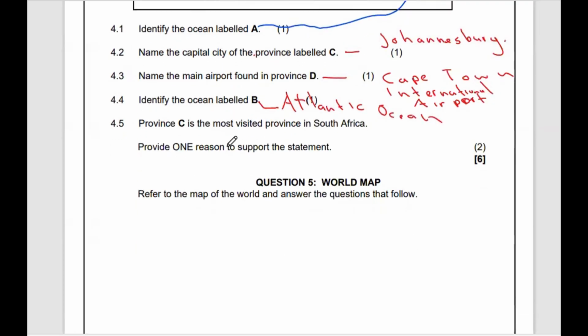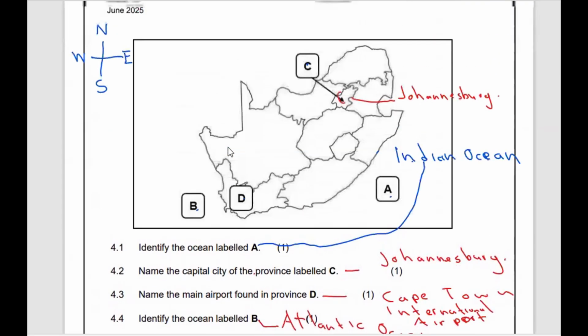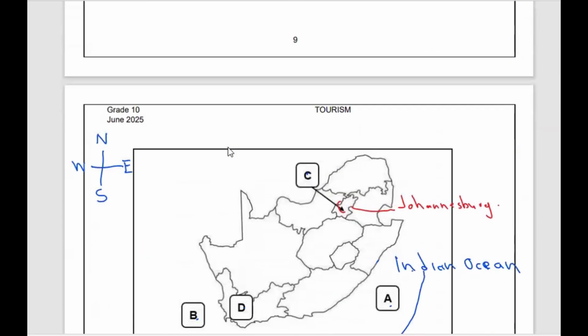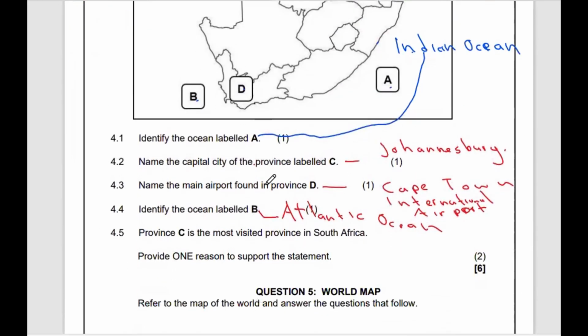Then moving on to 4.5, Province C is the most visited province in South Africa. Provide a reason for your answer. So if we go back to the map itself, Province C is Gauteng. So they need an answer which explains why Gauteng is the most visited province.